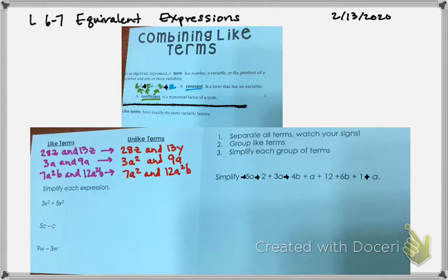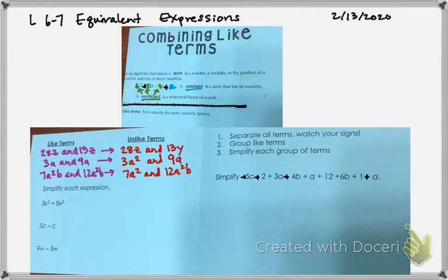Okay? All right, so what I want to talk about is how this can get related to the distributive property. Remember what we were talking about, that we were looking for like terms or common factors when we were doing our factoring on Tuesday.